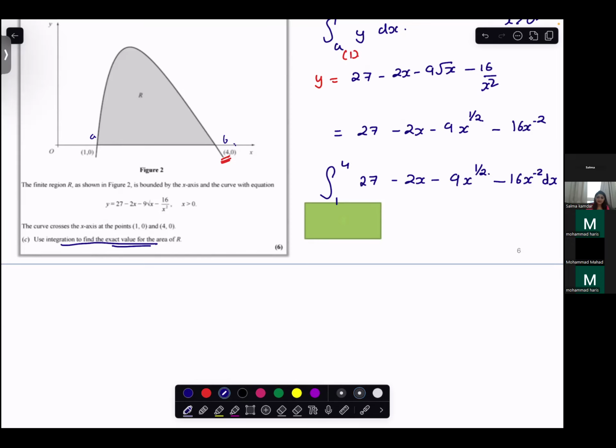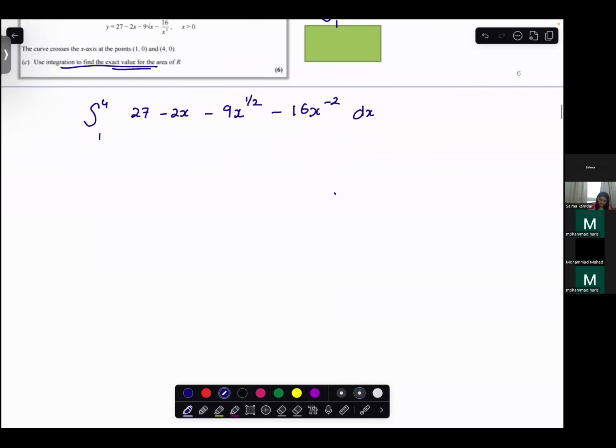I'll give you time, integrate, give me the answer. I am integrating this between 4 and 1 to find the area of the finite region, right? Tell me the answers that you've got. So it's going to be a big bracket between 4 and 1. Come on, 27 when it's a constant, I put x divided by 1. Are you with me?